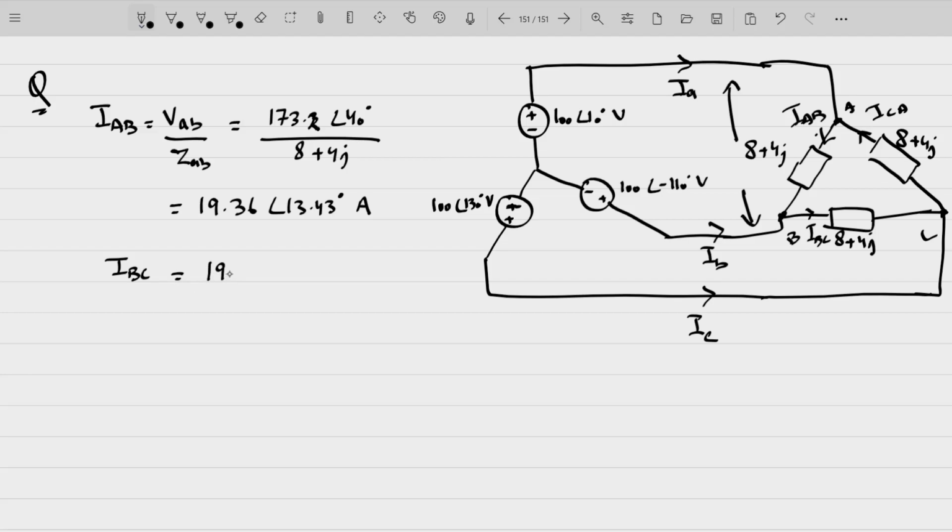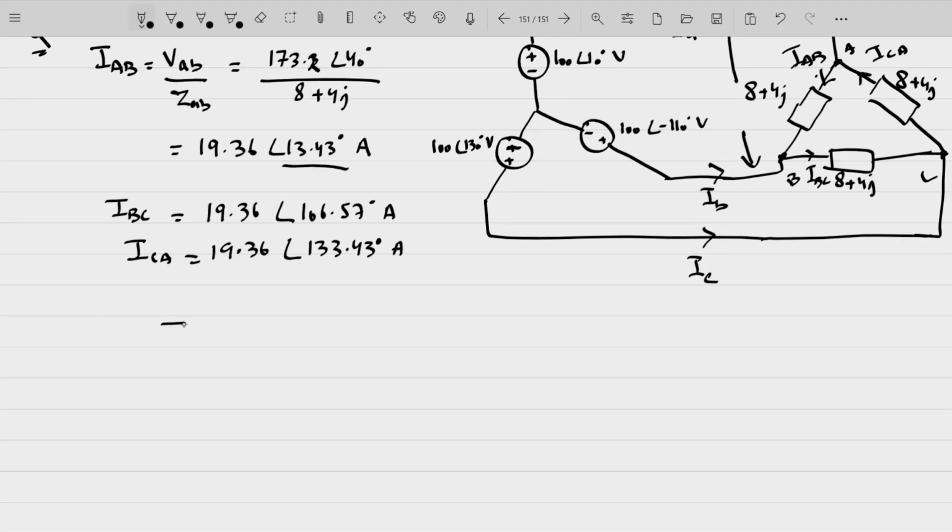IBC will also have a magnitude of 19.36. If this is 13.43 degrees, this will be 13.43 minus 120, that is roughly minus 106.57 degree amperes. ICA will be equal to 19.36 angle 13.43 plus 120 degrees, that is 133.43 degree amperes. So these are the values of the three phase currents.